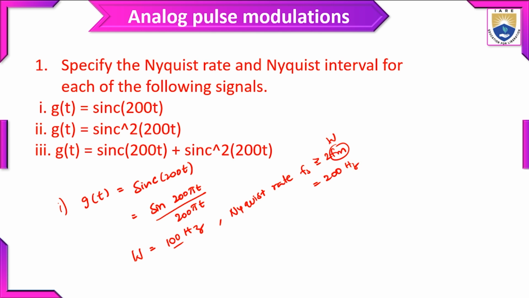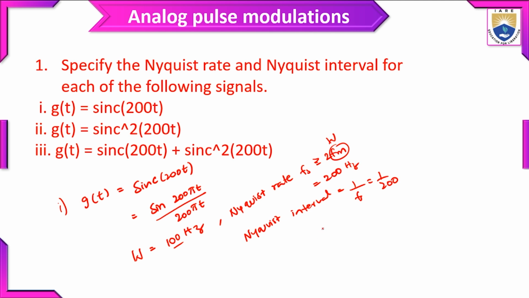And the Nyquist interval: you simply take the reciprocal. Nyquist interval is equal to 1 by fs, that is 1 by Nyquist rate.